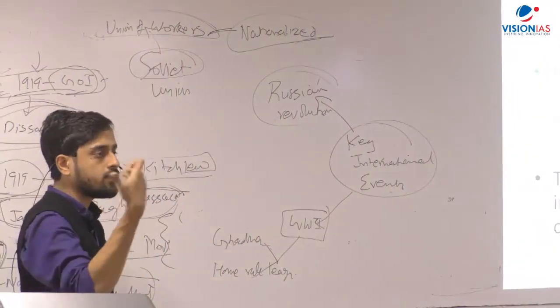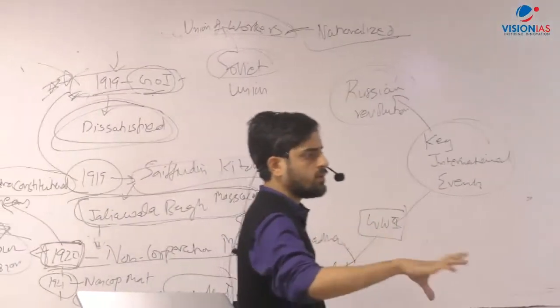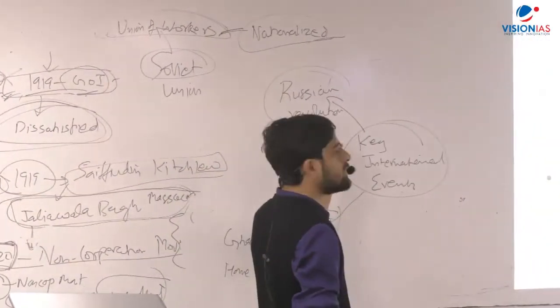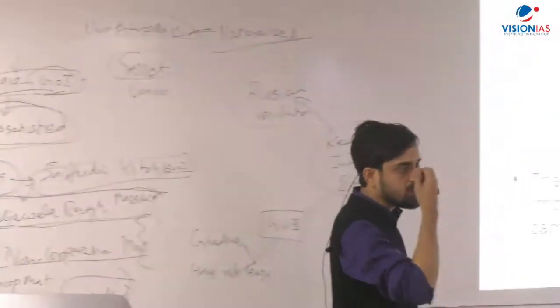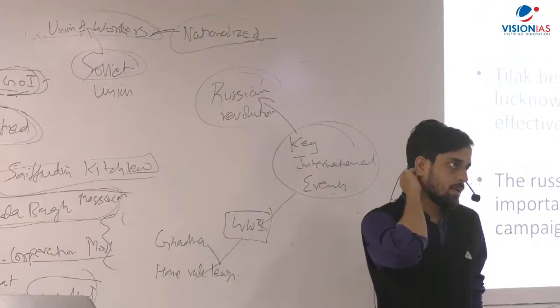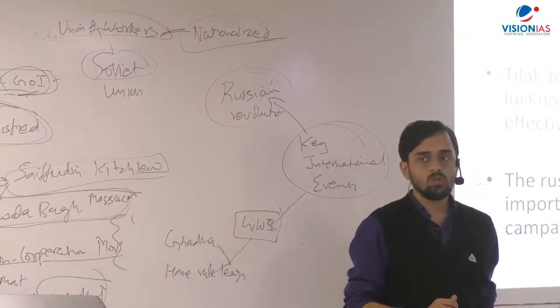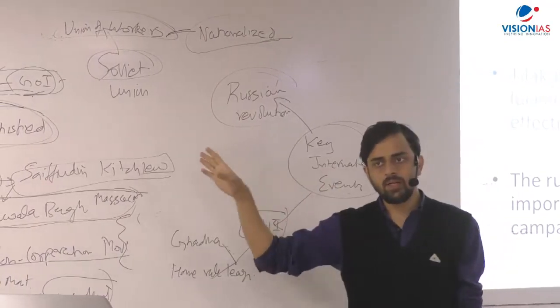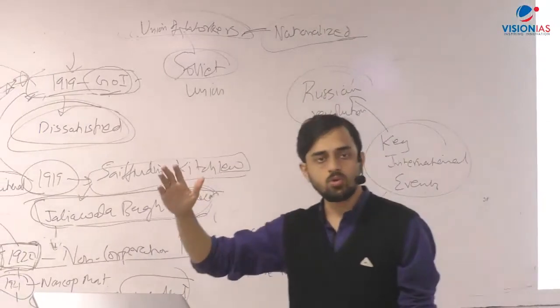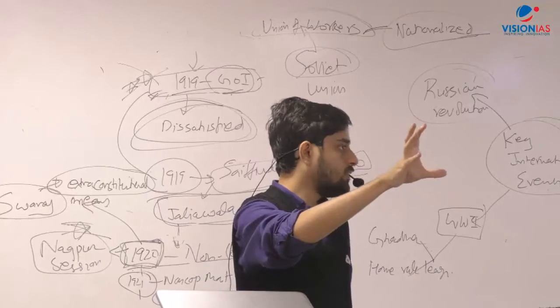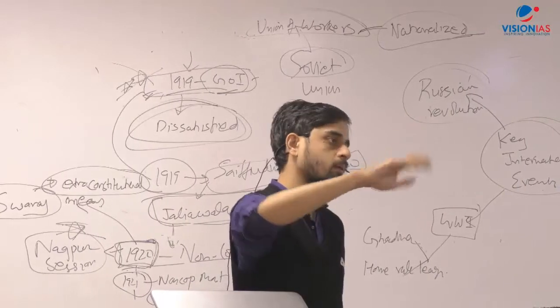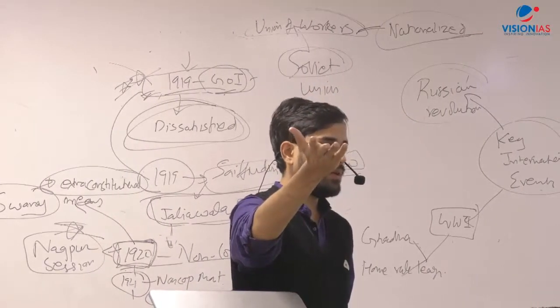So one of the impacts of the Russian Revolution was, I'm telling you this because that's how we will see its impact on the Indian freedom struggle, that on the one side, the Russian Revolution inspired a number of Indian nationalists, primarily because once Lenin came to power in the 1920s, then after Lenin, more so with Stalin, over the next 20 years, the Russian economy became one of the most powerful economies in the world.